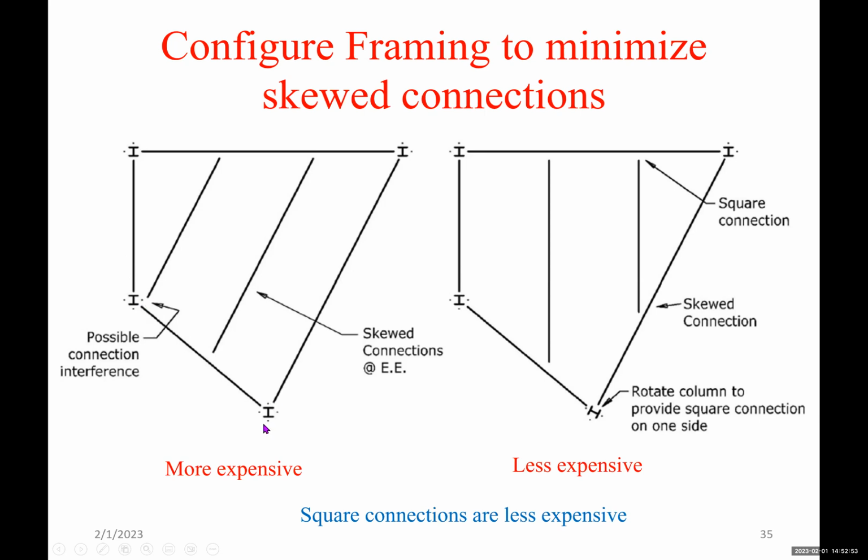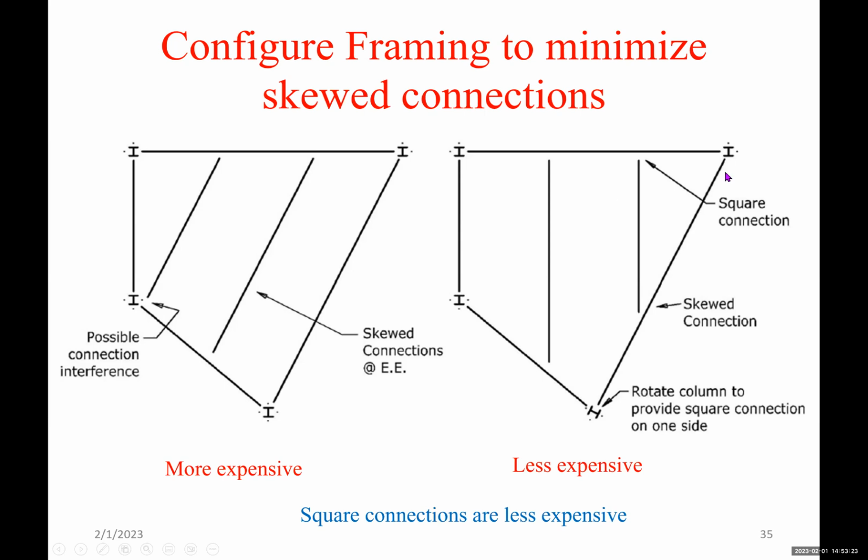And then here, this column is in that shape. And we'll have another skewed connection here, and another skewed connection here. Now, the connections between the beams, look at that. All the connections between the inside beams and the girders are skewed. Okay, so very few square connections with the columns, and the rest is skewed, versus the same shape exactly if we use this configuration on the right.